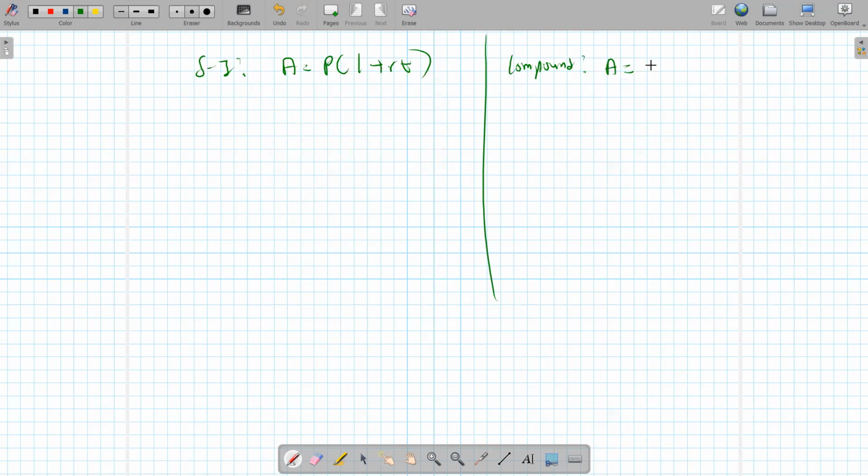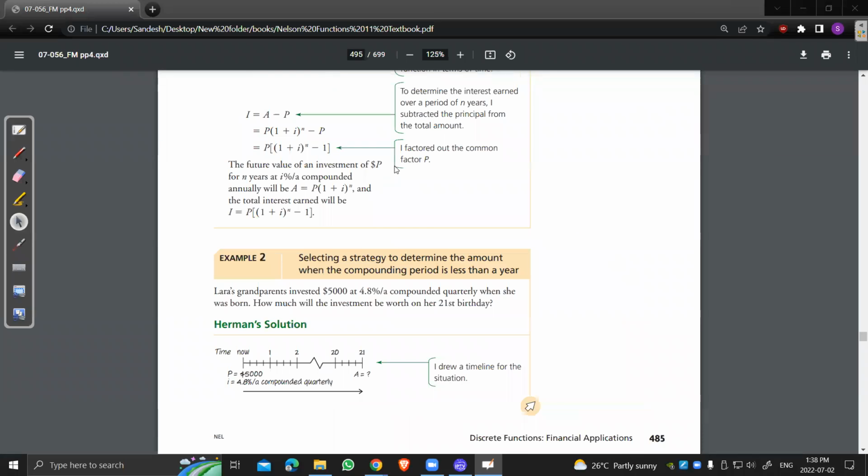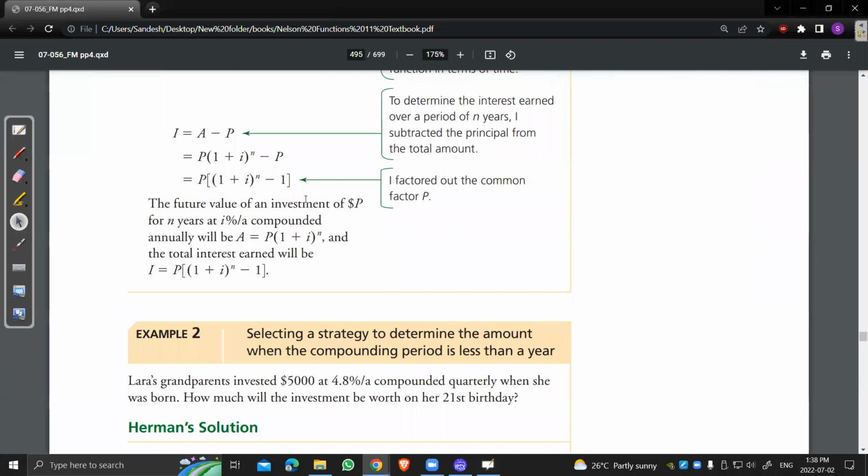The formula is P(1 plus I) to the power of N. I is still the interest rate, okay? It's just different notation. This is the equivalent of R here. N is the same thing as T. They just use different letters, okay? So compound interest, same idea, but a new formula, okay? Let's check this out.